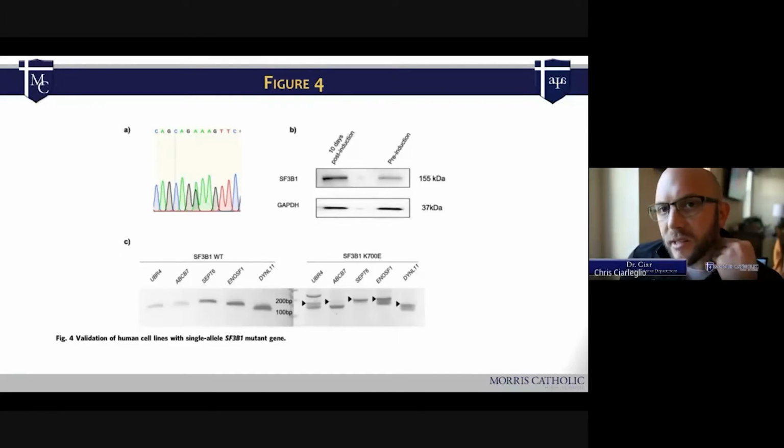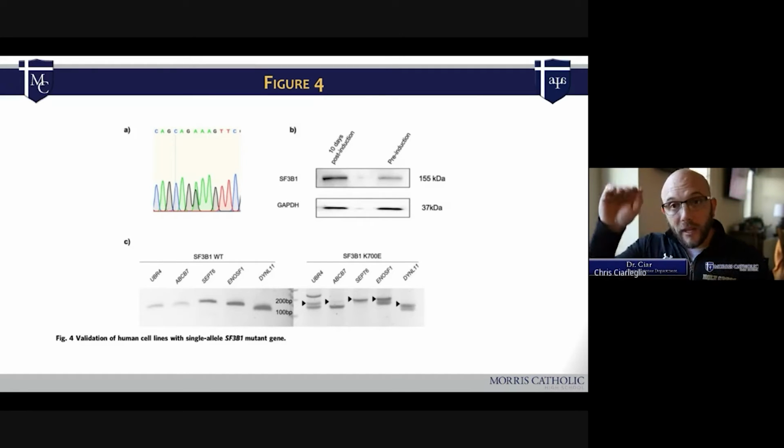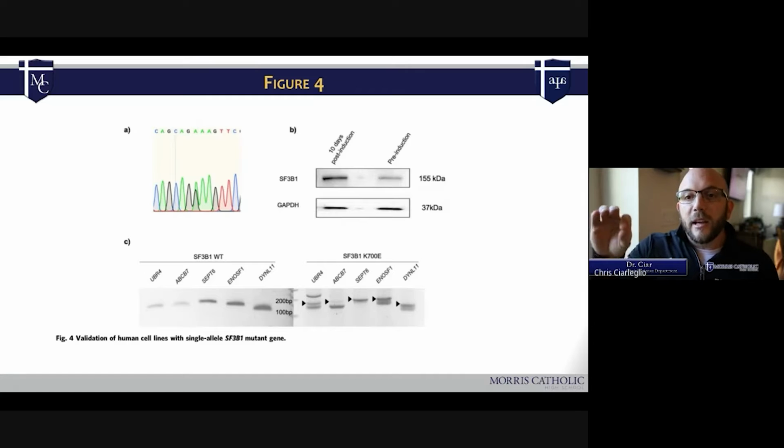So these gels, while they look like the electrophoresis that we did over the summer, instead of being on DNA like we did this summer, this is actually with protein. And protein, it's still the same idea, right? Proteins have a charge. They are run through a gel, just like the DNA, except that now you're looking at the amount of a certain protein.